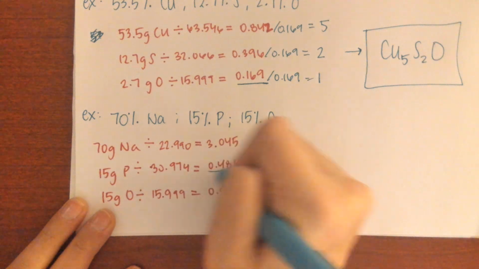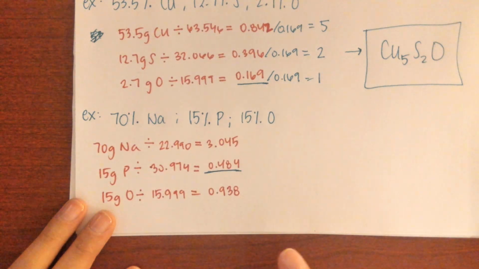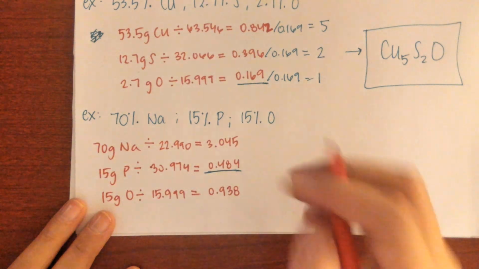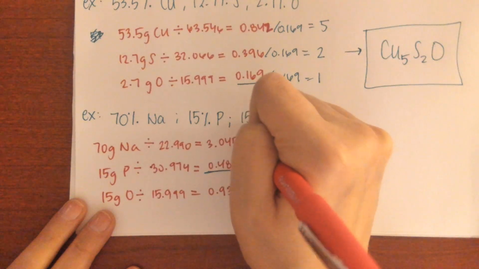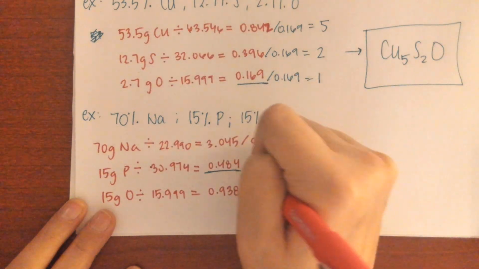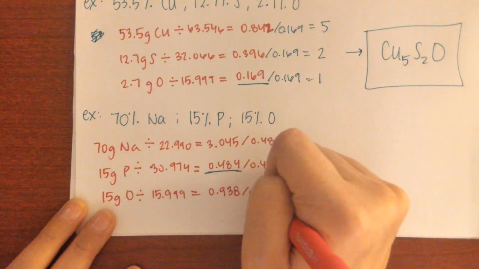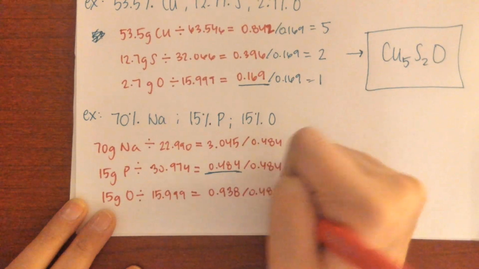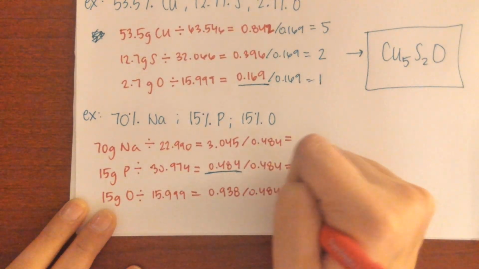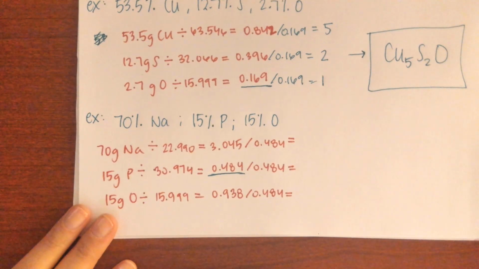And I know the smallest number is 0.484. Divide each of these by 0.484. Round to the nearest whole number. Let's see what we get.